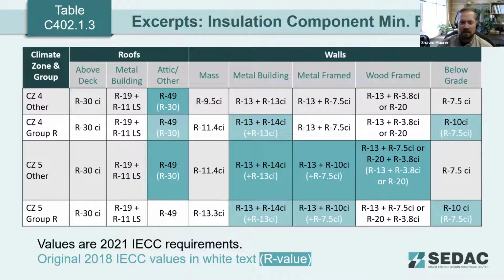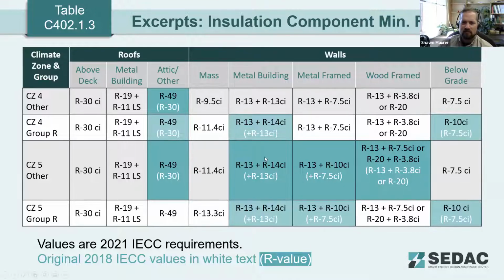You can see for most parts of the commercial building, the envelope requirements have not changed, but we've had increased insulation requirements in attic spaces in commercial buildings, bumped up from R30 to R49.